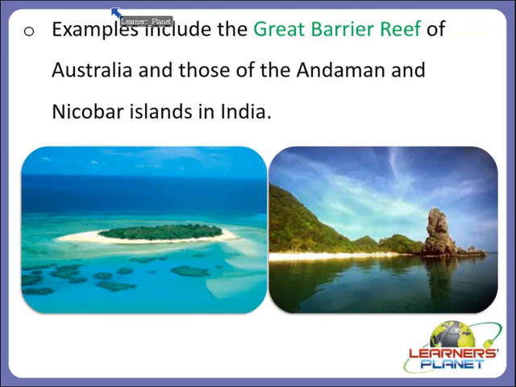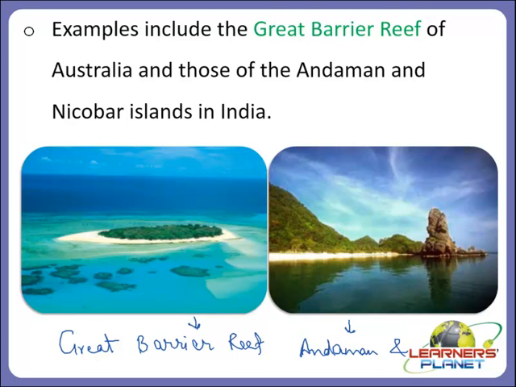And you will be very amazed to know that the coastal habitat examples also include the Great Barrier Reef of Australia and those of the Andaman and Nicobar Islands in India. So these are the beautiful pictures. This is the Great Barrier Reef of Australia, and this is a beautiful picture of Andaman and Nicobar Islands.